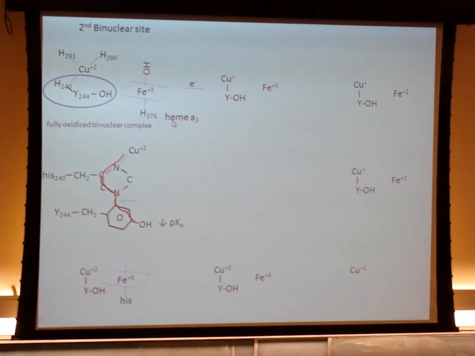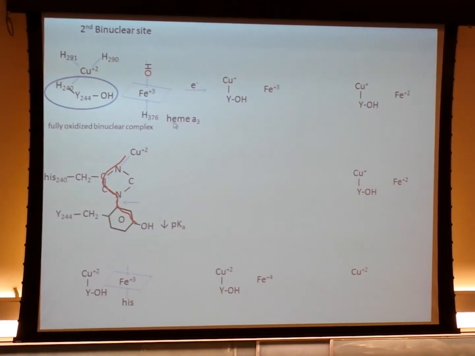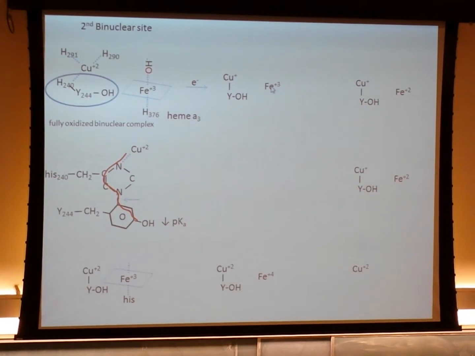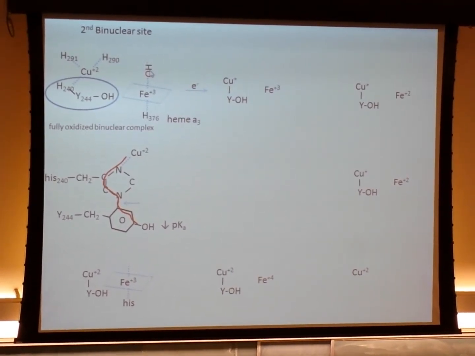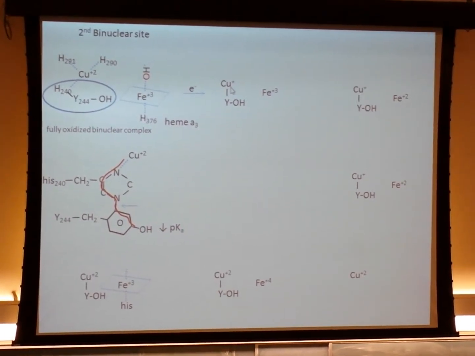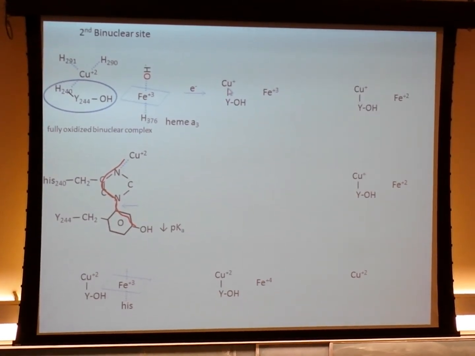In comes an electron. And what's happened? The iron is still in the +3 state. It still has this OH minus on it. But notice the copper is reduced to a +1. So the electron goes to the copper first.